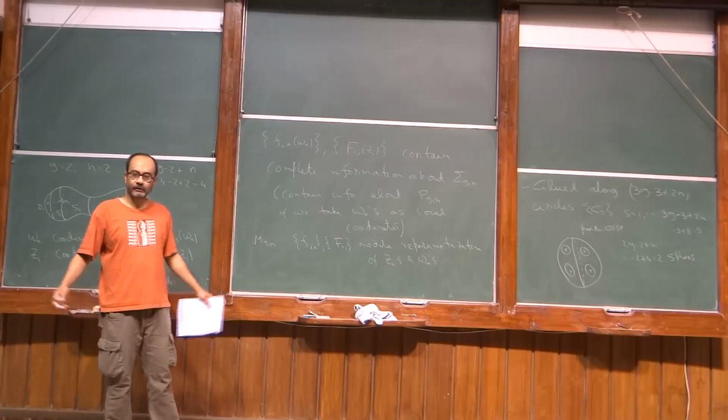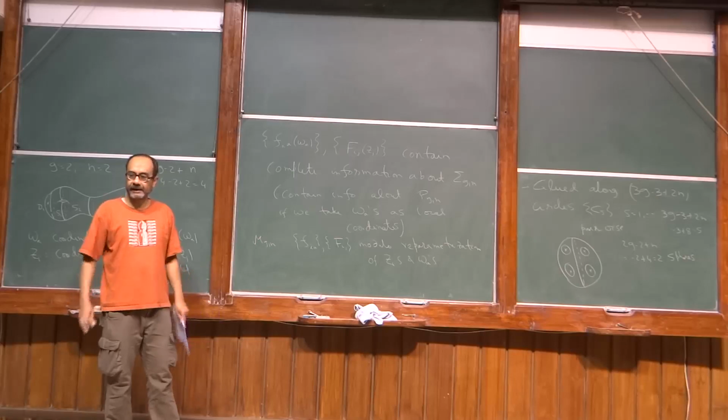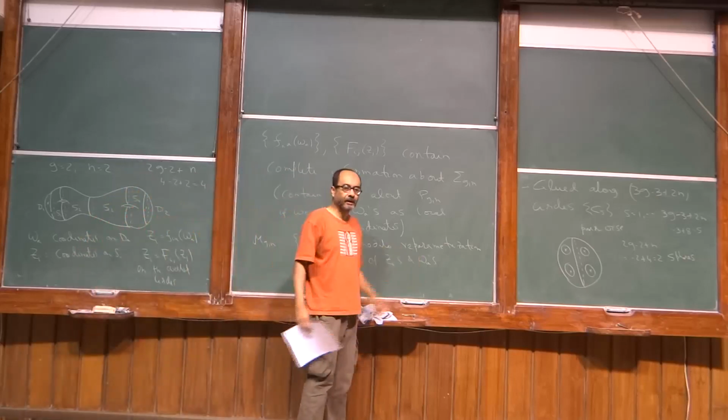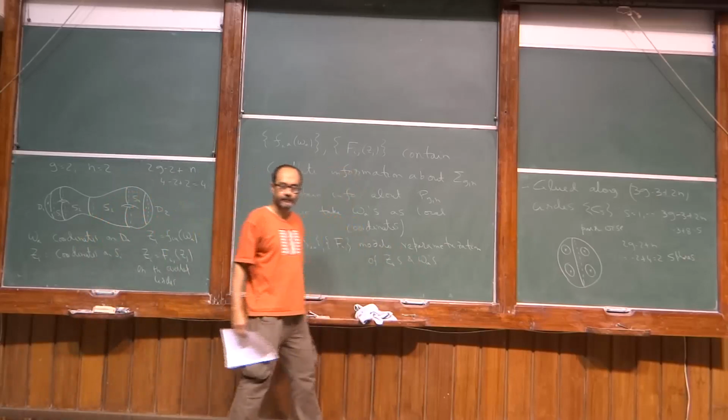Okay. If you take two different sets of Fij's and Fia's, if they can be related to each other simply by changing the coordinates Zi and Wa, then they give the same Riemann surface.